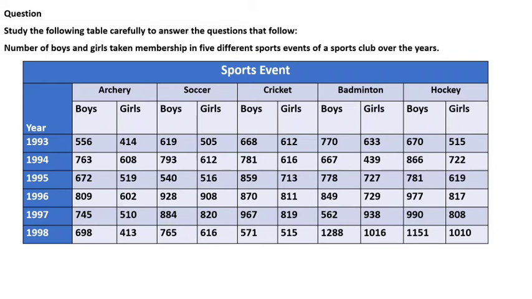You can see 93, 94, 95, 96, 97, 98 different years, and different sports events like archery, soccer, cricket, badminton and hockey, and the number of boys and number of girls in each sports event is also given. So we need to calculate all this total now. According to the questions, we can calculate the total. Let us see what are the important questions given based on this table. Let us go to the questions first.